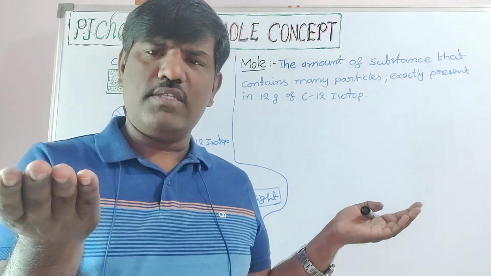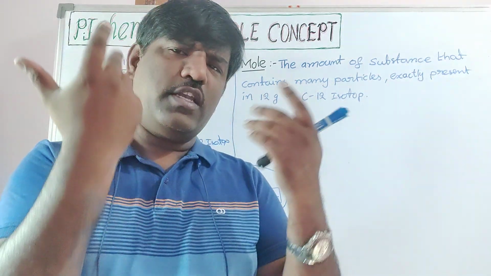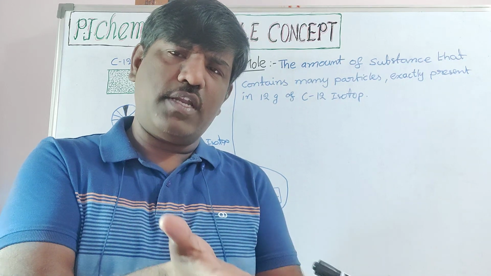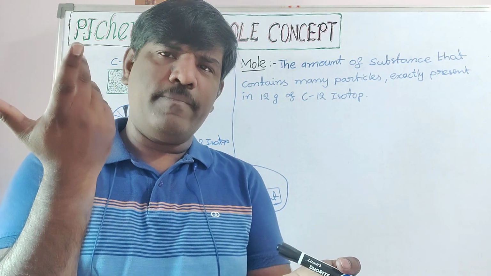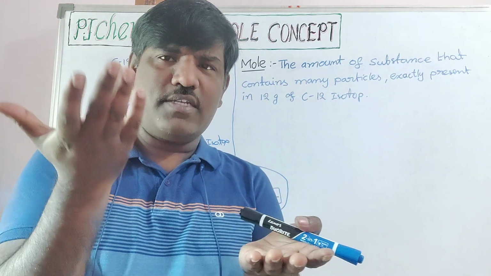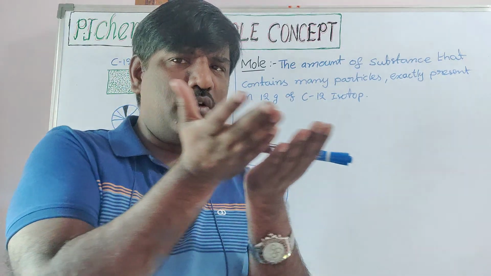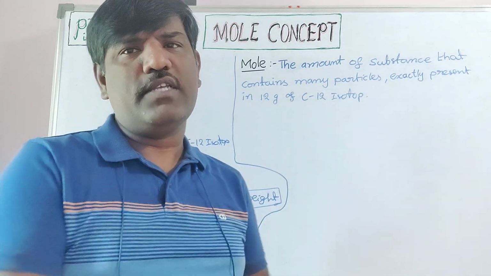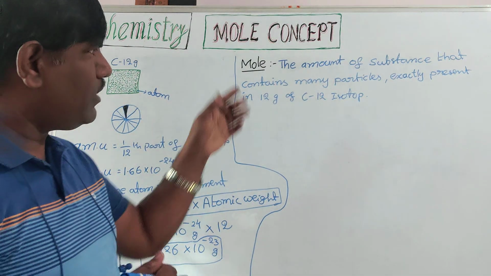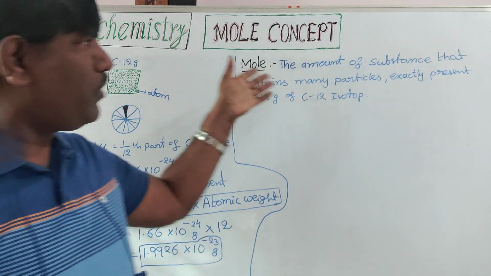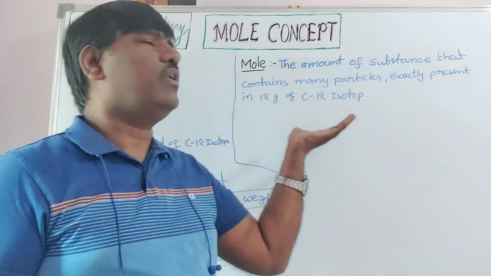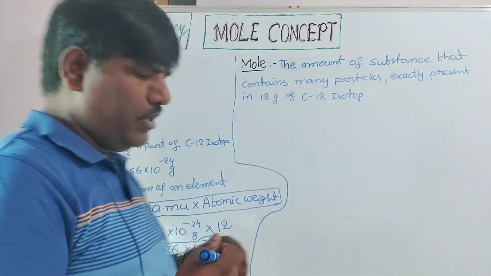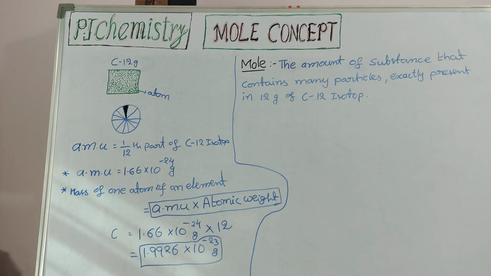The tomatoes may be 10 only, the chilies may be 100, but both become equal to 1 kg only. Like that, mole is nothing but the amount of substance that contains that many particles exactly present in 12 grams of C12 isotope.